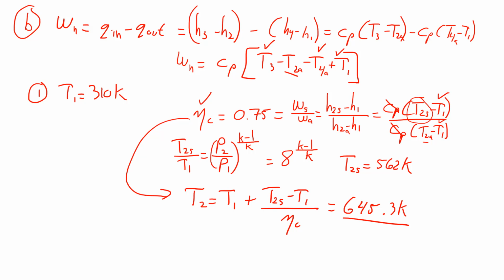So the actual temperature coming out of the compressor and the turbine. So knowing T3, knowing T2 actual, knowing T4 actual, knowing T1, I can go ahead and solve this and get a specific work out of 91.3 kilojoules per kilogram, or a work per mass coming out of 91.3 kilojoules per kilogram.